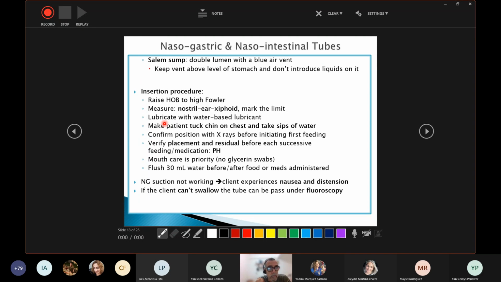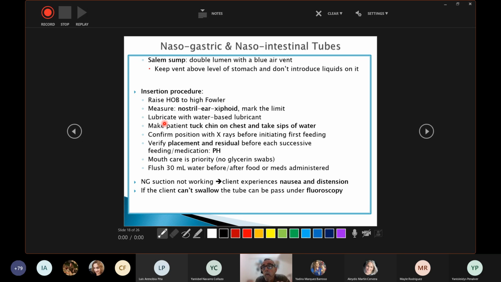While introducing the tube into the throat, ask the client to swallow. You can give ice chips, or let's just say potato chips, or a sip of water to swallow. It is important that if the client starts choking, you remove the tube a little, without totally withdrawing it, just until the patient stops coughing and choking and stabilizes, and then you attempt again, being sure that the patient is flexing the neck as much as possible.